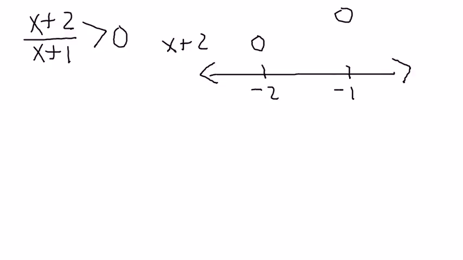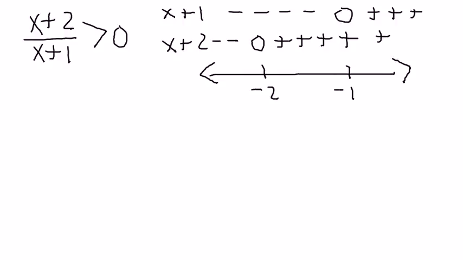I put the 0 up there, and put x plus 1 there. Now if I put my test values in the numerator, x plus 2, to the left of negative 2 it's going to be negative, and to the right it's going to be positive. For x plus 1, to the left of negative 1 it's negative, and to the right it's positive. Careful, a lot of times it falls this way where the negatives are on the left and positives on the right, but it doesn't have to be that way.